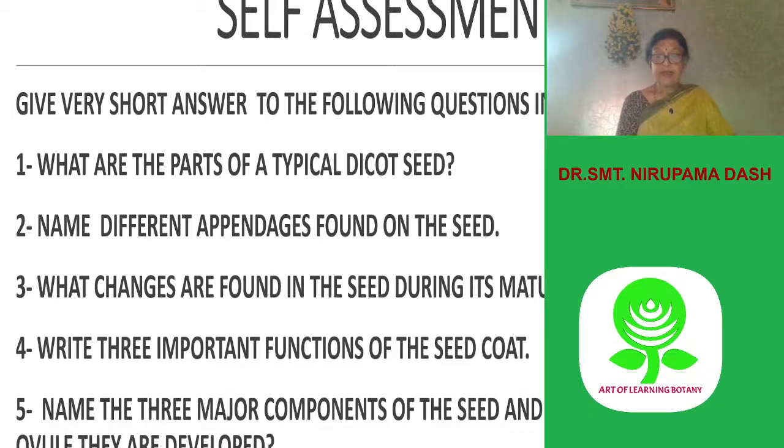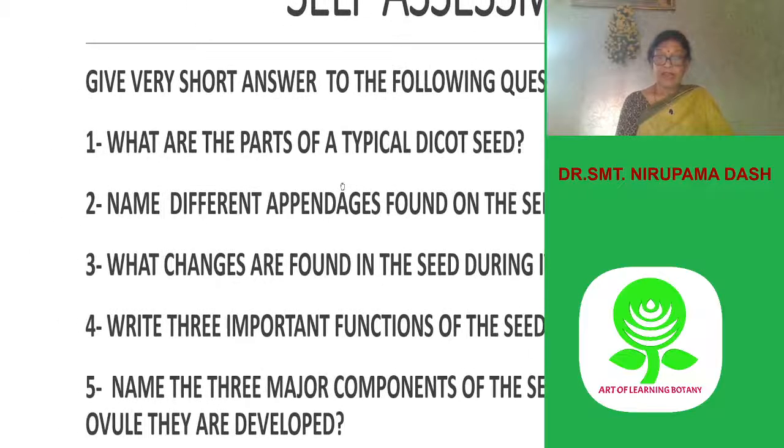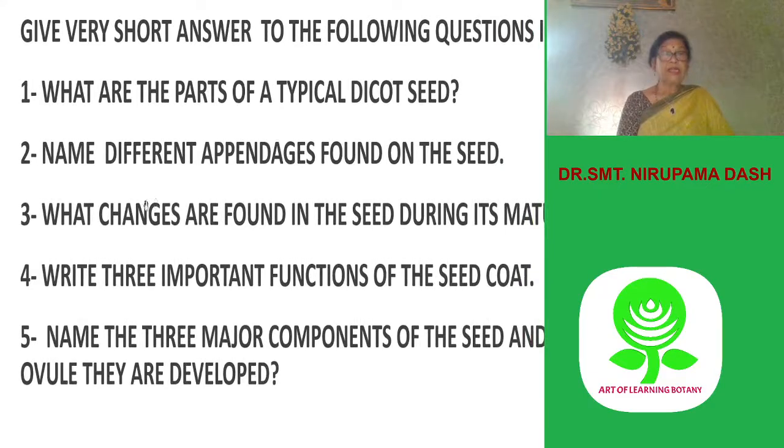Caruncle is the integumentary outgrowth found in castor seed, and aril is a fleshy outgrowth in lychee, and it is also edible, and seed hairs are seen in cotton, and these are all known as appendages. Then third question, which changes are found in the seed during its maturation?